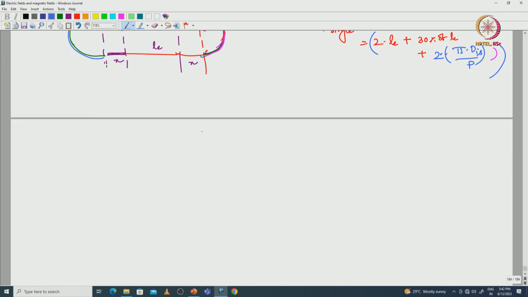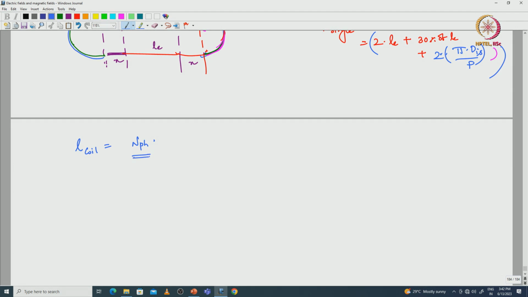For example, each coil has n turns, N phase is the total number of turns per coil, okay, with respect to each and every phase.